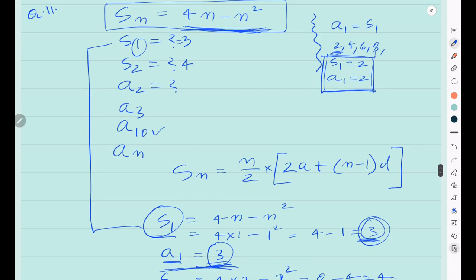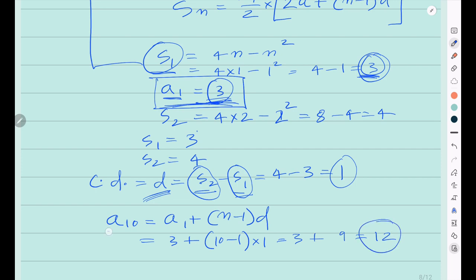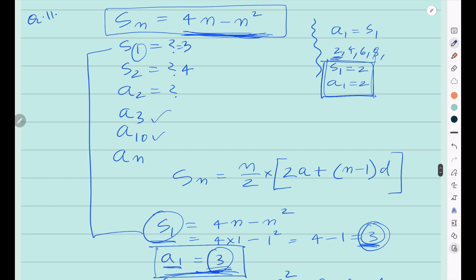A1 we just now found is 3. So 3 plus, for the 10th term, 10 minus 1 multiplied by 1. So that is 3 plus 9, which is equal to 12. So A10 is 12. Similarly, we can also find A3.